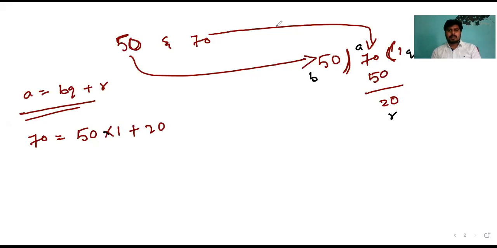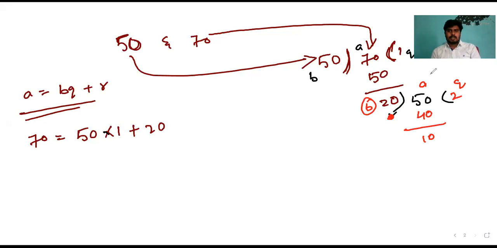Next, again continue the procedure. Take 20 as the divisor and 50 as the dividend. Now this becomes B and this becomes A. Then 20 twos are 40. Now this is the Q, and you get remainder 10.